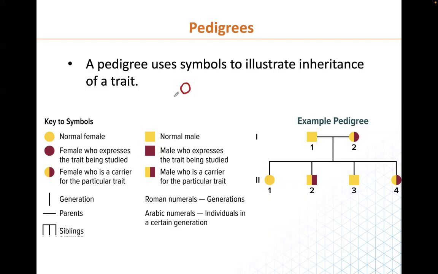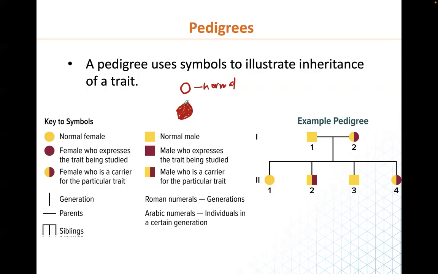Sometimes your question will not have color, so it's going to be black and white. A normal female is a circle without being shaded, but a female who has the disease is a shaded circle.